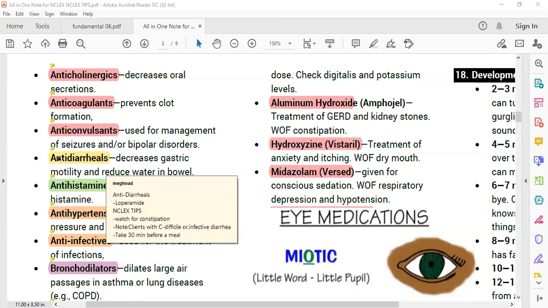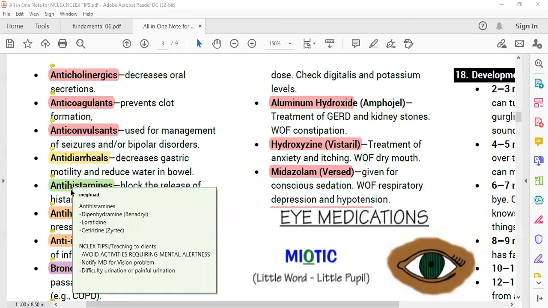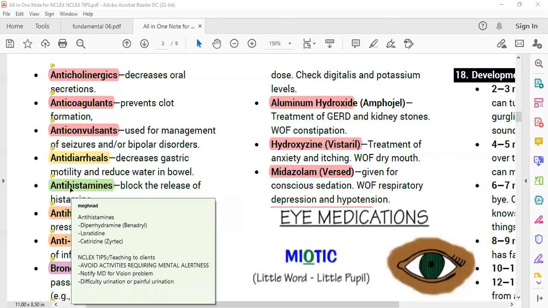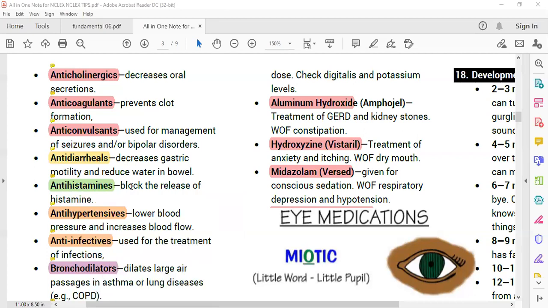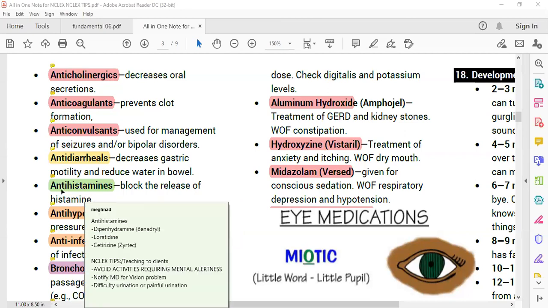The next group of drugs here is antihistamine. Antihistamine blocks the release of histamine, and it is used to block the release of histamine in allergic reaction.